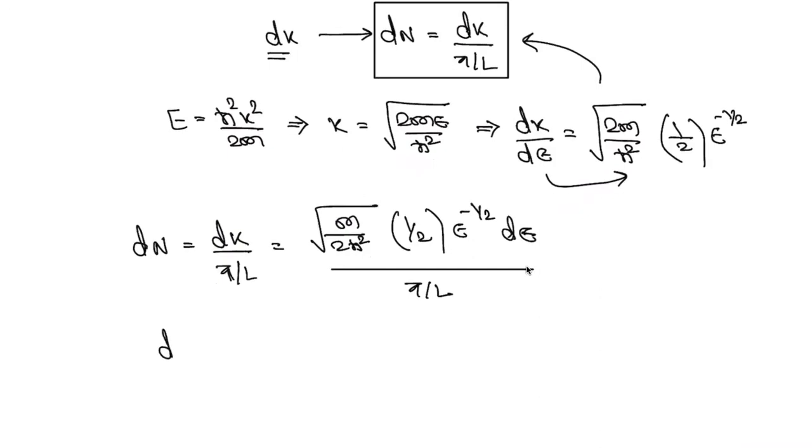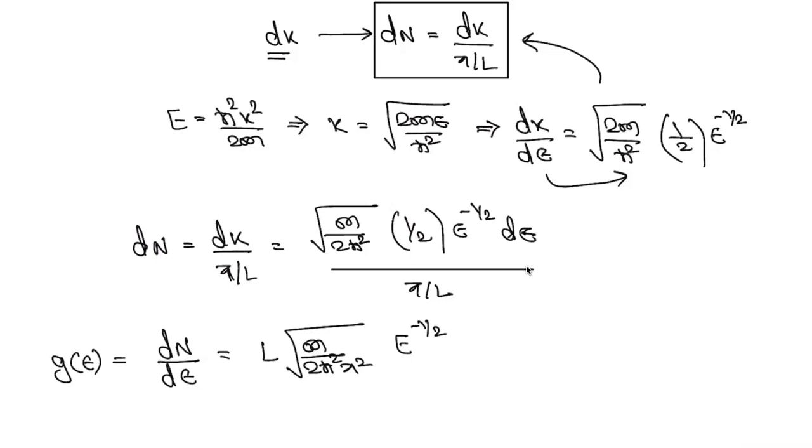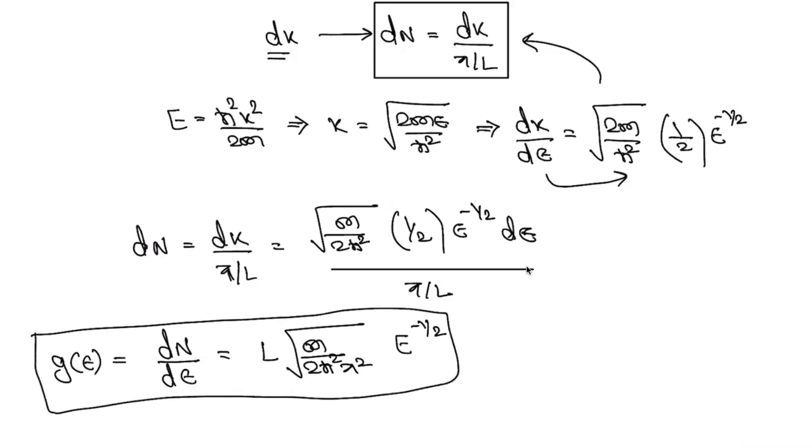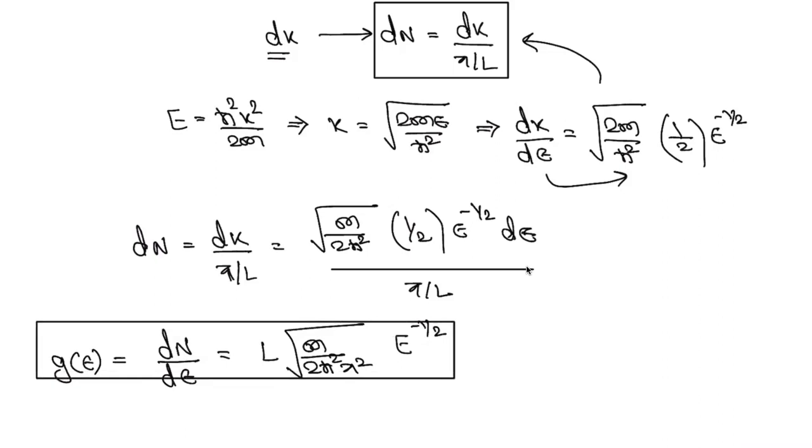So dn by dE, see how much will come. Multiplying, L goes up, half comes down, right? So it will be L root m upon 2 h cross pi square, E to the power minus half. And that is what we had to find, the density. Take this calculation once.